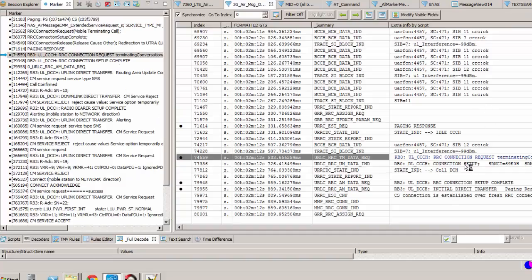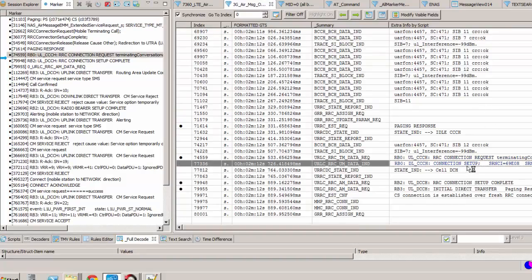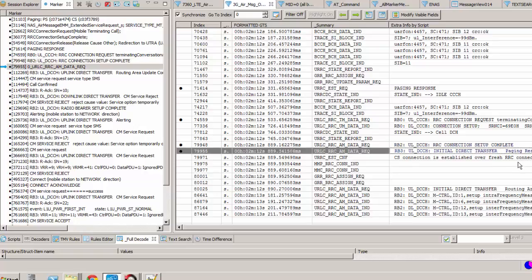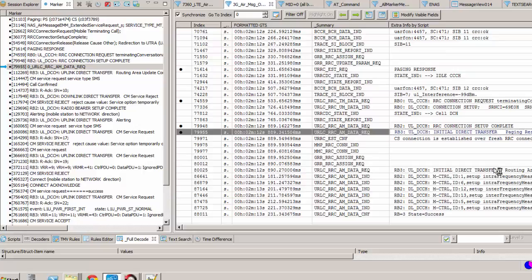After that, connection setup complete happens. After that it will again give the information on DCH in the paging response to the network. And what is the paging purpose? It was the paging purpose for the MT call.